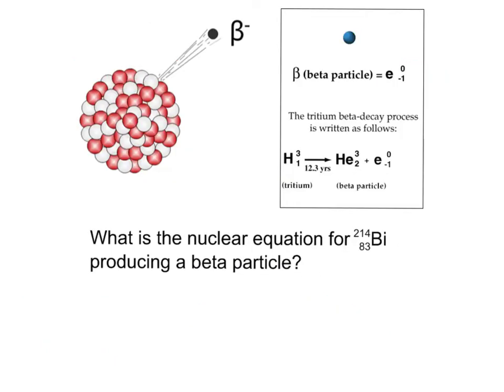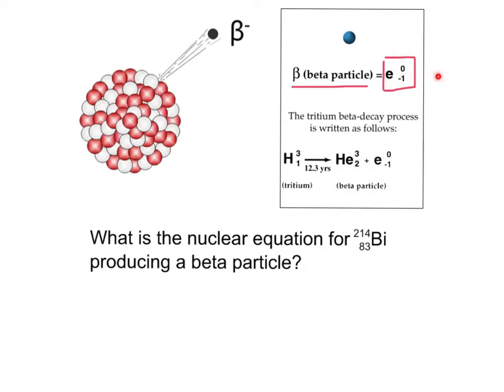Now let's look at beta particle emission. Might be good to know, when we talk about beta particle emission, what is a beta particle? A beta particle is essentially a particle that is so tiny we call its mass 0, kind of like an electron.